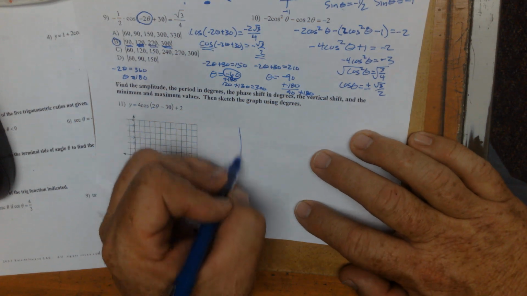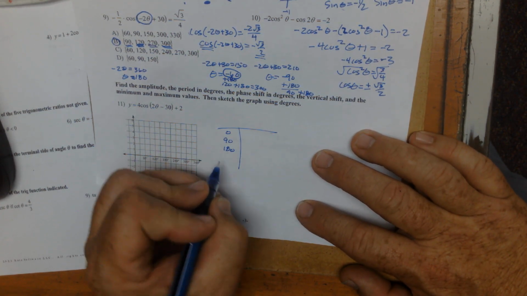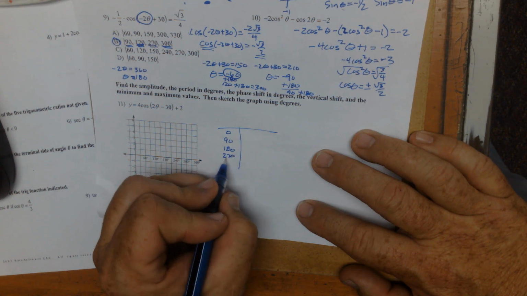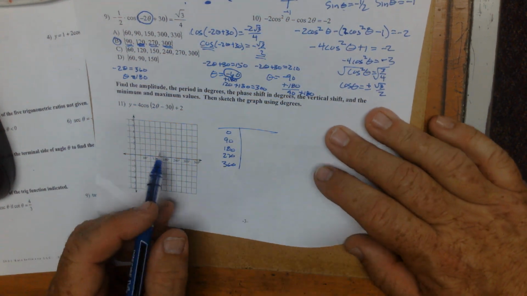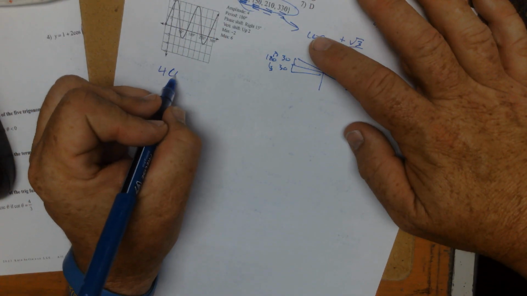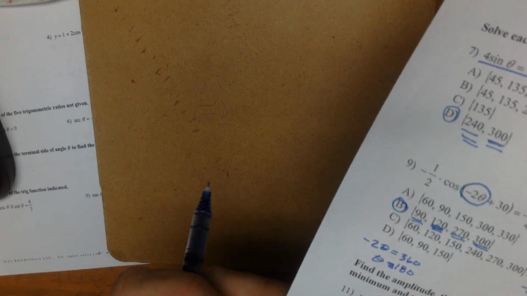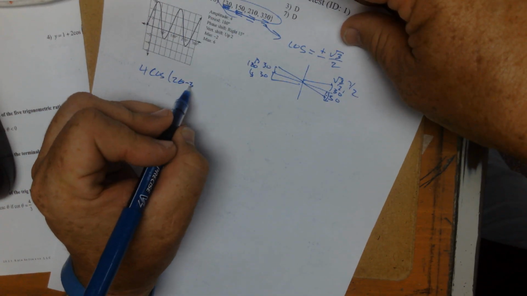So we are going to take our main ones, 270 and 360. You know what? I'm going to do it on the back side by the answer. So we got 4 cosine of 2 theta minus 30 plus 2. Right? Okay, there we go.